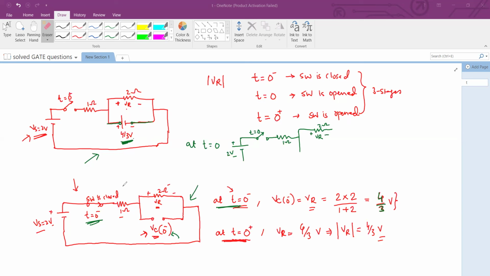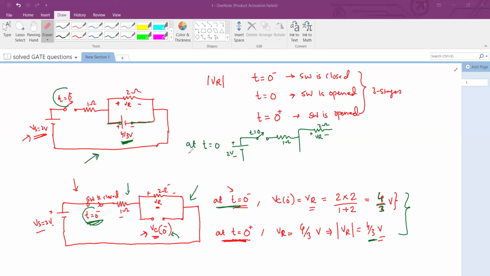So it's essentially this circuit state and this circuit state look the same, right? In the steady states, at t equal to 0 minus and t equal to 0 plus, before the switch was closed and long after the switch got open, we have the same circuit situations, and the voltage drop across the resistor is 4 by 3 volts.